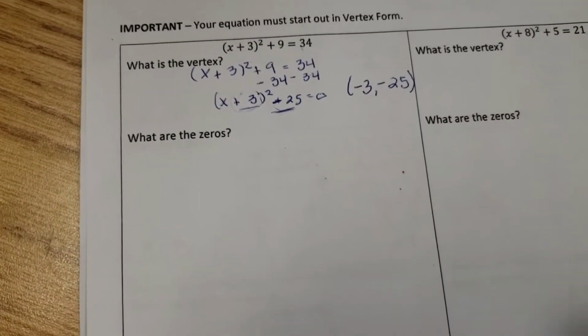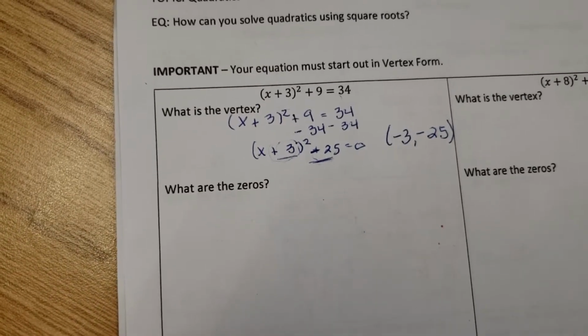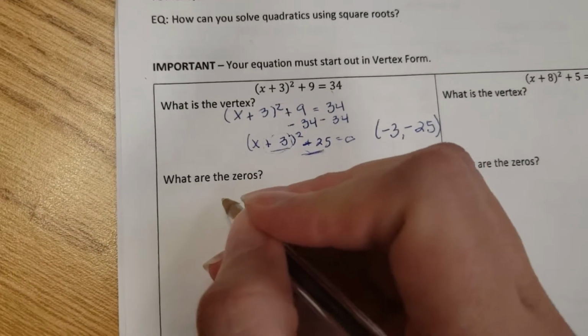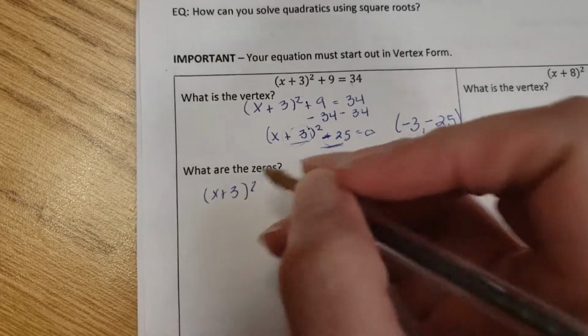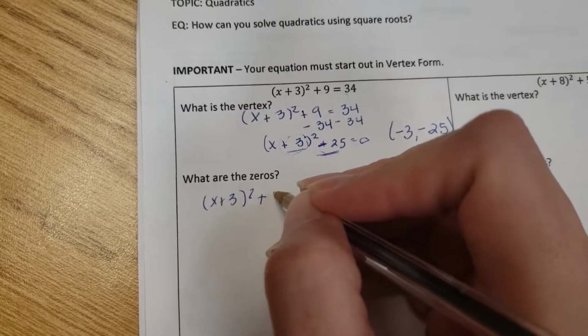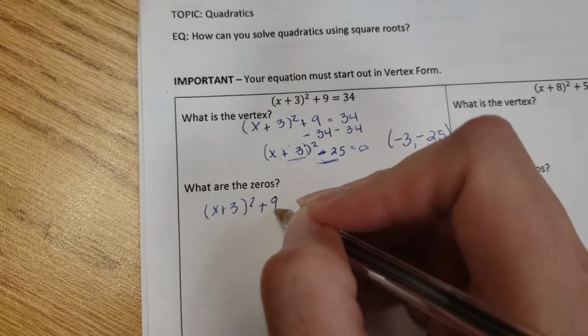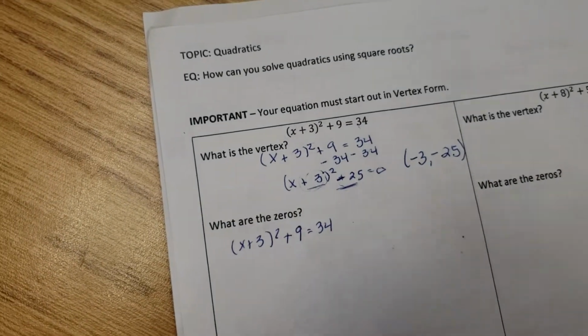Now we're going to look at what the zeros are and how to find the zeros using square roots. So we start out with our equation x plus 3 squared plus 9 equals 34. And we want to make that equal to 0.